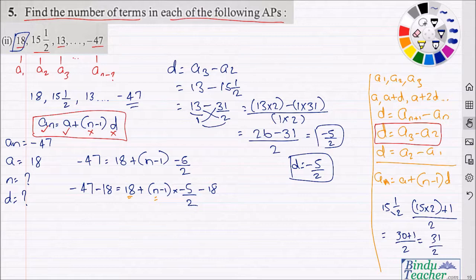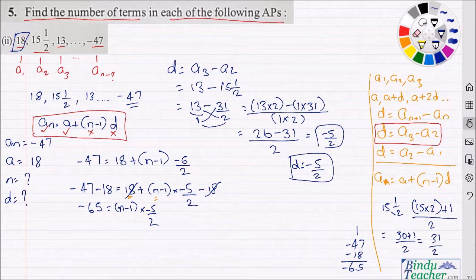So with this, plus 18 and minus 18 will get cancelled out. So we have, let's add 47 and 18. So we have minus 65 equals n minus 1 into minus 5 by 2.